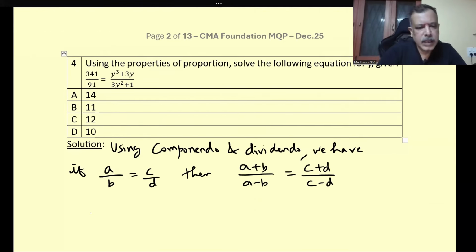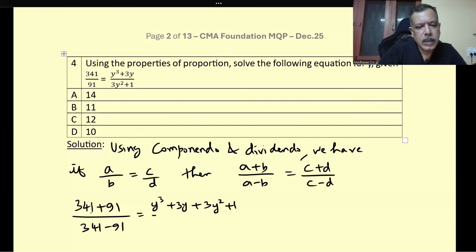Now let's proceed. We can rewrite the expression as 341 plus 91 divided by 341 minus 91. That is equated to y cube plus 3y plus 3y square plus 1 divided by y cube plus 3y minus of 3y square plus 1.